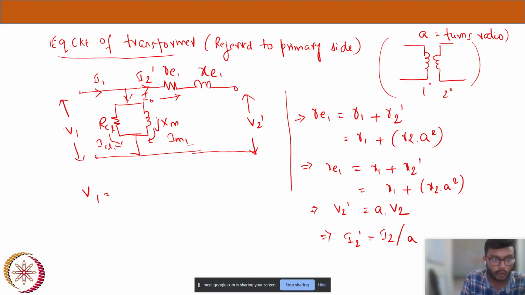So V1, the total supply voltage, will be V2 dash, that is the secondary output terminal voltage, plus the drop I2 dash into RE1 plus jXE1.